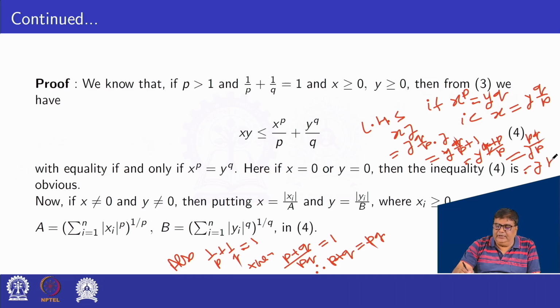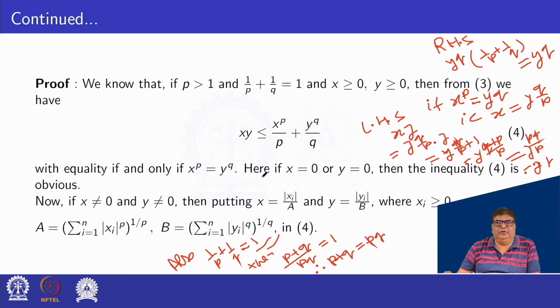So the left hand side x into y is y to the power q, and also from the right hand side, x to the power p is equal to y to the power q, so y to the power q times 1 upon p plus 1 upon q, which is equal to 1, so y to the power q. Hence the left hand side equals the right hand side, both values y to the power q.